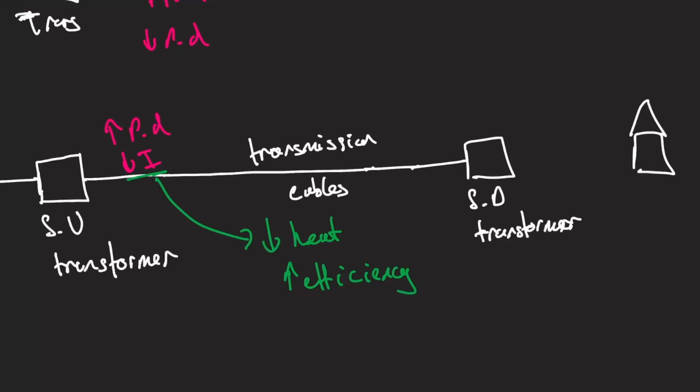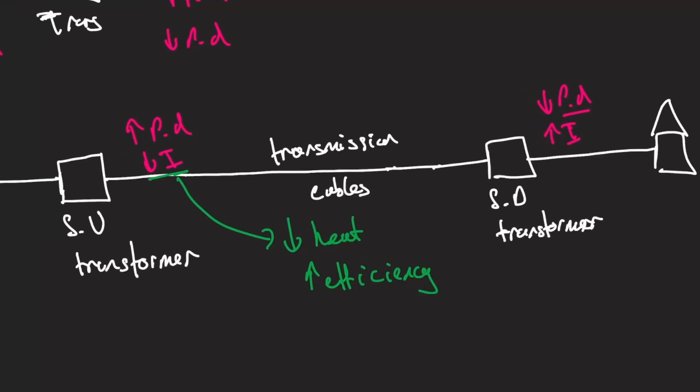It decreases the potential difference, and as a byproduct we also increase the current. It decreases the potential difference to a usable level for domestic use inside our homes, which is a much more useful form of energy and is much less dangerous.